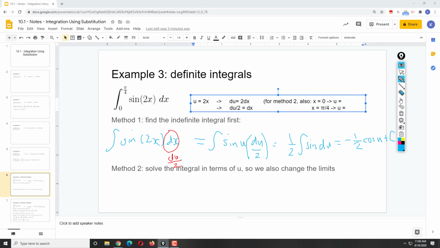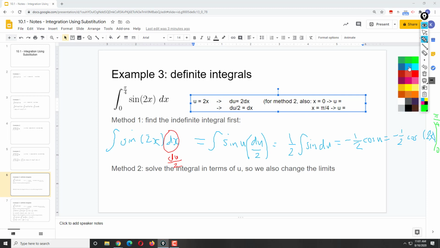Now I don't care about the plus c here, because we're going to have a definite integral. We'll be plugging things in. So that has to equal negative 1/2 of cosine of 2x. So now we plug in. We're evaluating our integral from 0 to pi over 4.